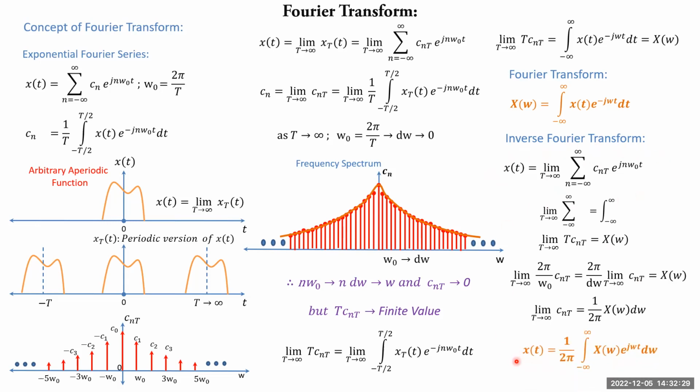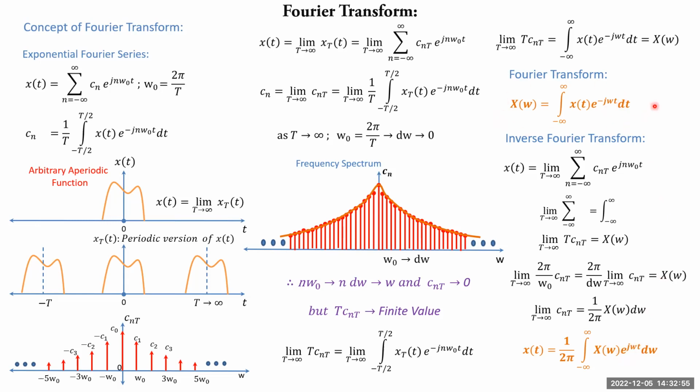So here one can say x of t is transformable to X of omega and vice versa. The inverse Fourier transform also represents a dot product of X of omega with e raised to j omega t. Here e raised to j omega t is the complex conjugate of e raised to minus j omega t.